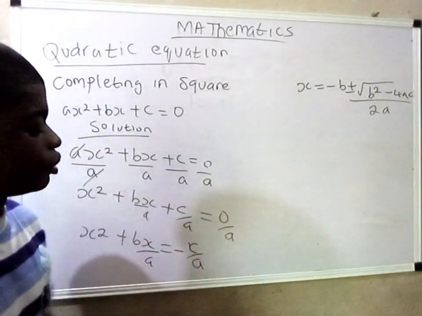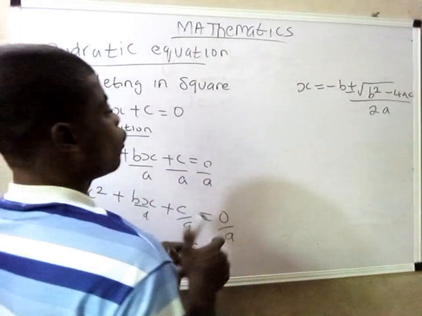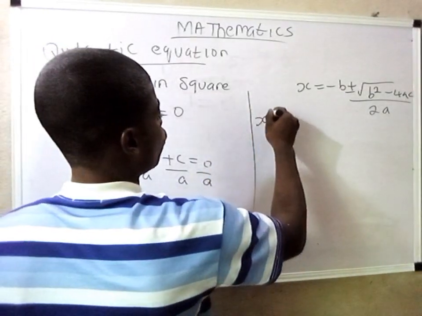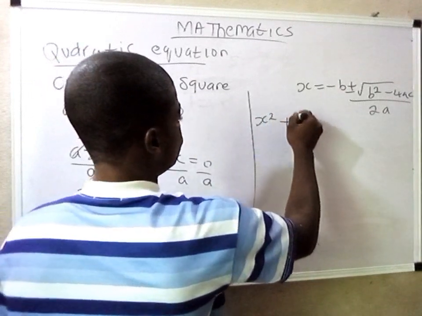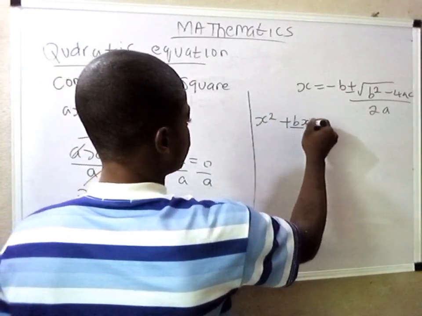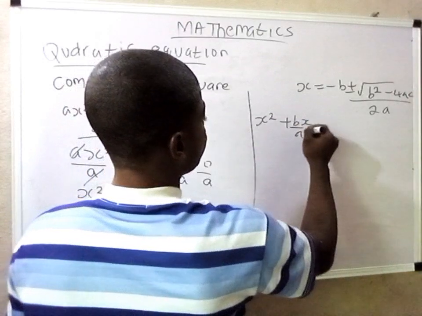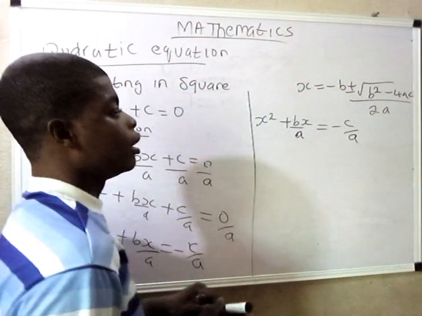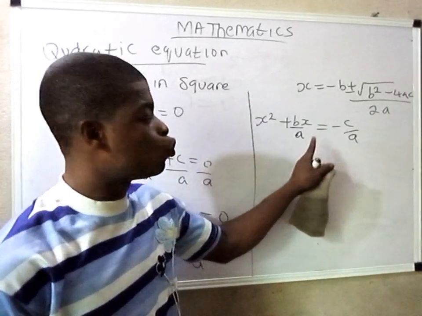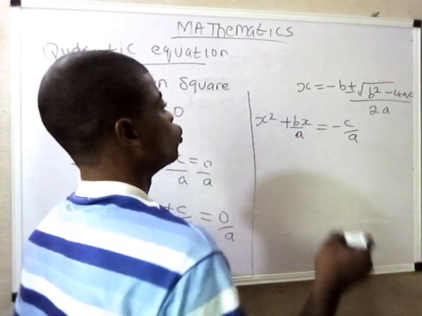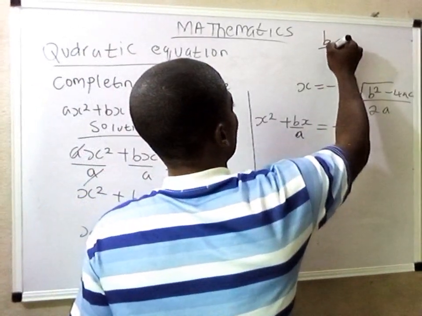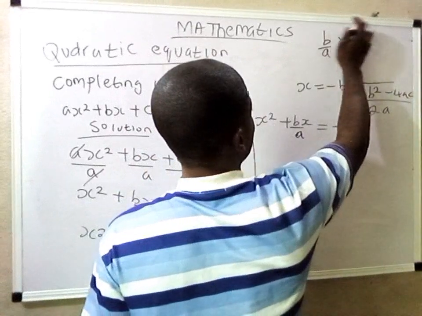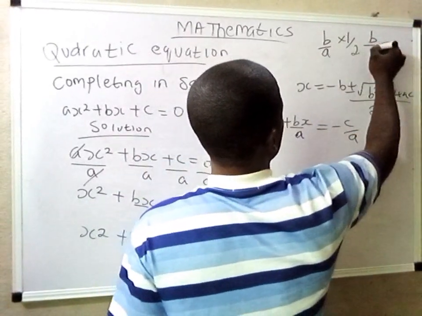Next, we take half the coefficient of b. So b over a times half is 1 times b, which is b, and 2 times a, which is 2a.